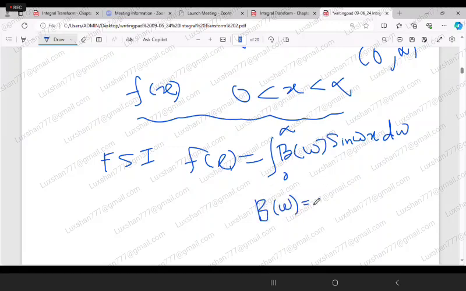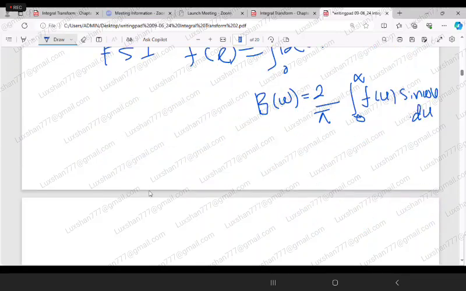b omega is equal to 2 over pi times the integral from 0 to infinity of f of u sine omega u du.